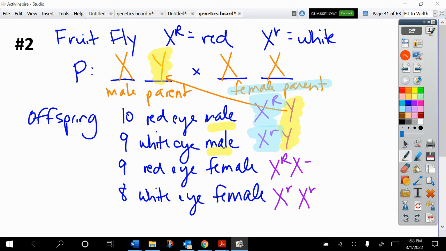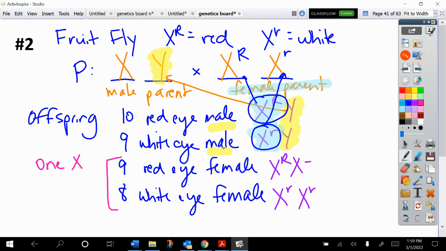So if we're looking here, X capital R came from the female, so we know that she has a capital R. X lowercase r, we know that she also has a lowercase r. Now, we need to figure out the male parent genotype. So for the females, what we want to remember is that one X comes from each parent. The red-eyed females don't necessarily tell us anything, but if we look at the white-eyed females, we know that one X has to come from each parent.